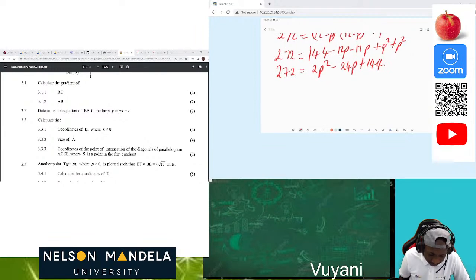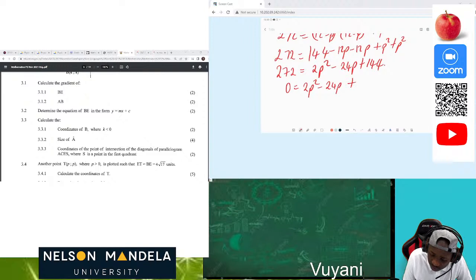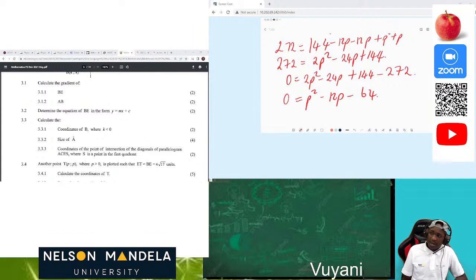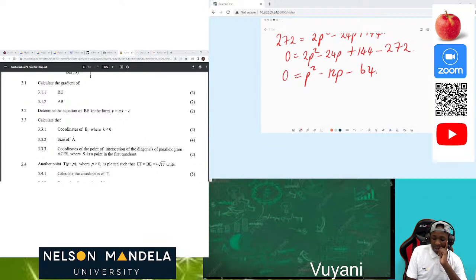Then after that, we can see that we are getting to something. So 0 is equal to 2p squared minus 24p plus 144 minus 272. If we divide all through by 2, we will have p squared minus 12p minus 64. Now we can determine the factors here.